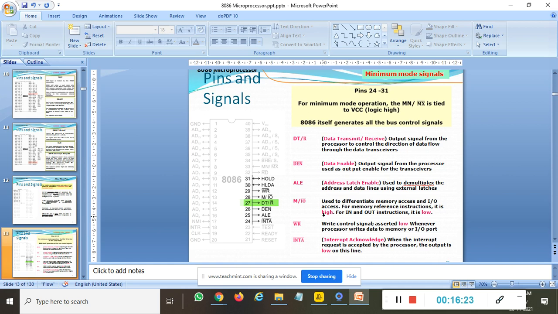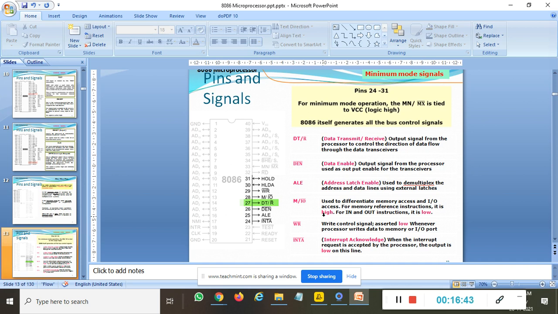When it is high, a memory related operation is done. And for an input output instruction, it is low. Okay, in 8085, that is totally different.